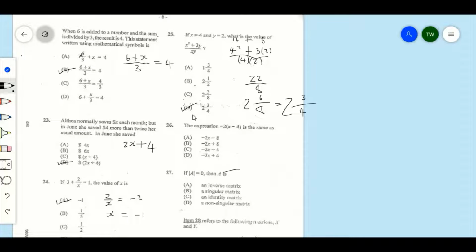Okay, now to question number 26. The expansion: negative 2 times x minus 4 is the same as... the only thing that is going to happen here is that you're going to distribute this negative 2 to each term inside of the bracket.